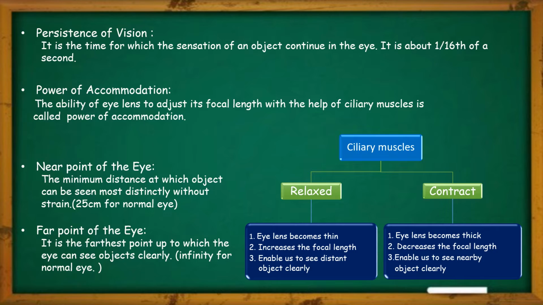This distance is infinity for the normal human eye. It means a normal human eye can see objects which are placed at infinity also. This is the farthest point up to which a human eye can see objects clearly.